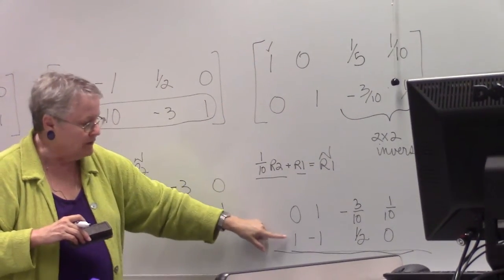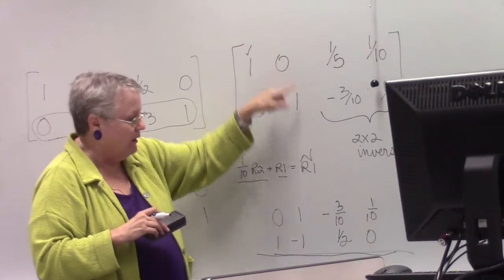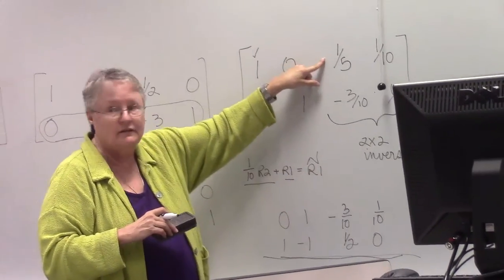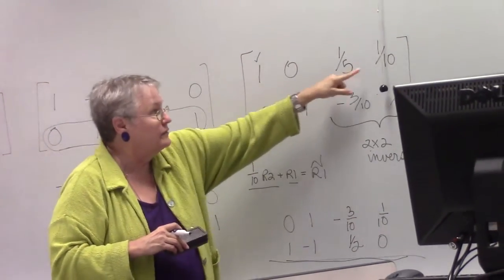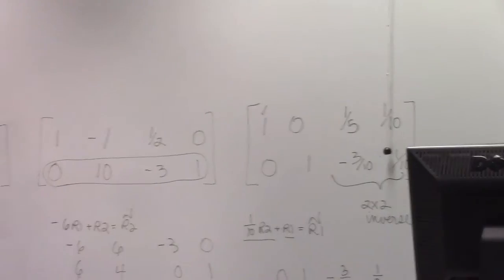So 0 plus 1 is 1. 1 plus -1 is 0. -3/10 plus 5/10 is 2/10, which is 1/5. 1/10 plus 0 is 1/10. So basically, if you multiply that one times those numbers on the right, you'll get the identity matrix.